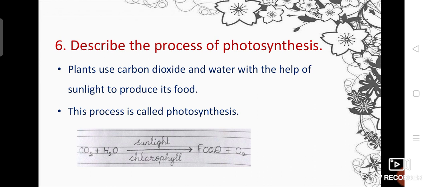Roots absorb the water from the soil, and the stem carries this water and sends it to the leaves. Now that the three things are available in the leaf, they will start to prepare the food. Along with that, oxygen will also be released, again through stomata only.